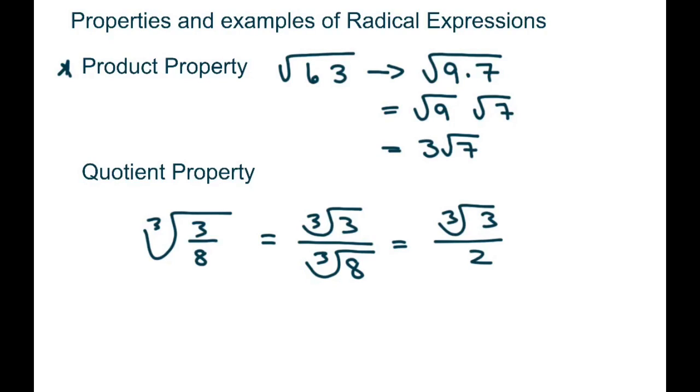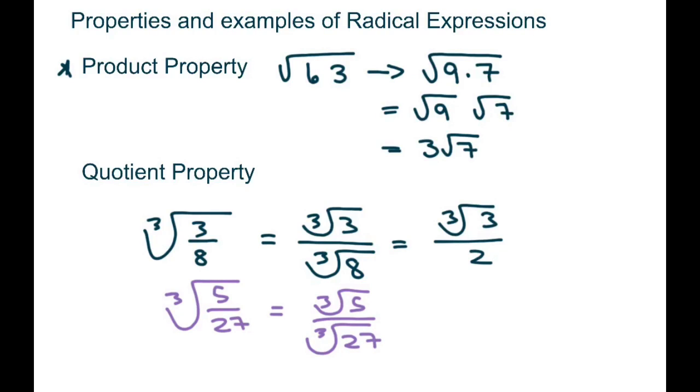Another one might be the cube root of 5 over 27, so that would be the cube root of 5 over the cube root of 27, which would just be the cube root of 5 over 3. So those are your properties, basically.